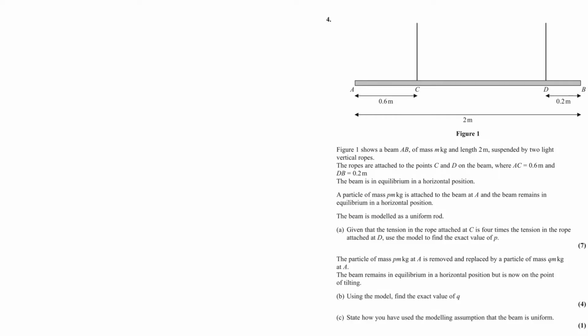Okay, so at A, there is a pmg, and in terms of the tension, it's 4 times at C and at D, so 4T and T. And the mass of this is m, so mg.